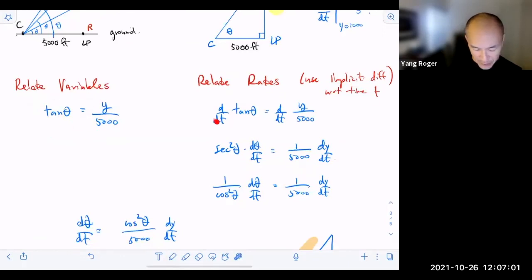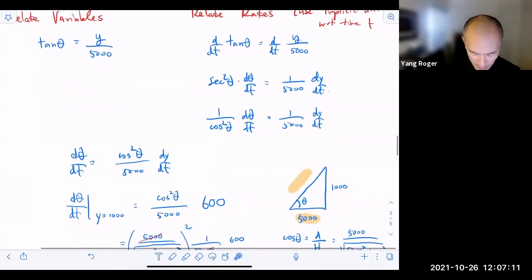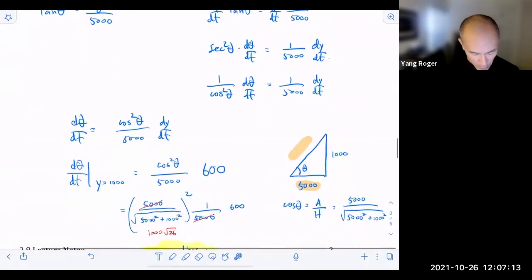I related the variables by using a trigonometric relationship. And then I related the rates by doing implicit differentiation. I differentiate both sides with respect to time. Got to use the chain rule. I solve for the rate that I'm looking for. And I realize that when I go to calculate the number, I have to do a little bit of extra work because I need to find the length of the missing side using the Pythagorean theorem.